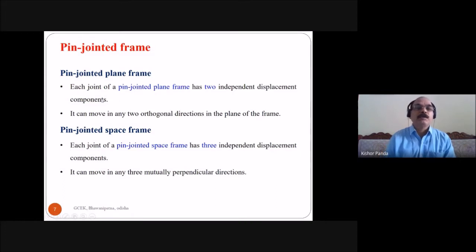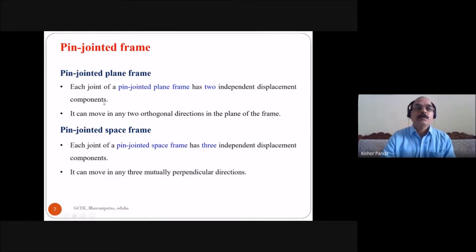Each joint can displace in orthogonal directions, x and y direction. That's why at each joint there are two independent displacement components.